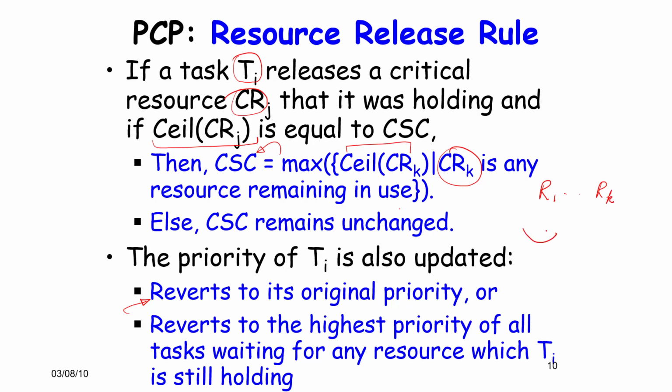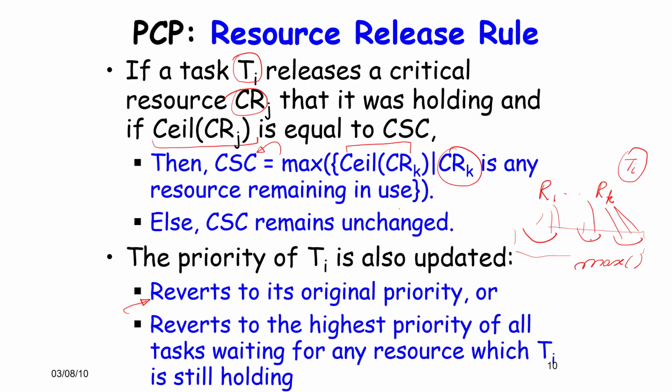There will of course be other tasks waiting on R1, other tasks waiting on R2, R3, R4, and other tasks waiting on Rk. We take all the tasks which are waiting on these resources and compute their maximum priority. That is the priority that task Ti will inherit, which, if task Ti happens to be the highest priority out of all of these tasks, means it will not inherit anything.